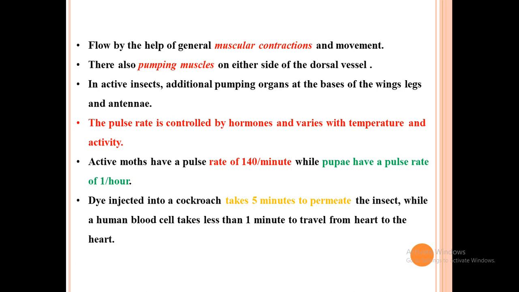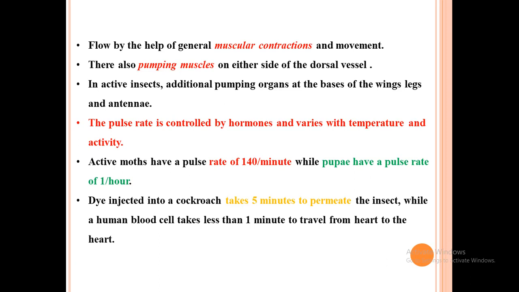For example, an active moth has a pulse rate of 140 per minute, while the same insect in its pupal stage has a pulse rate of 1 per hour. From here we can see that the activity of an insect has a great influence on its pulse rate.